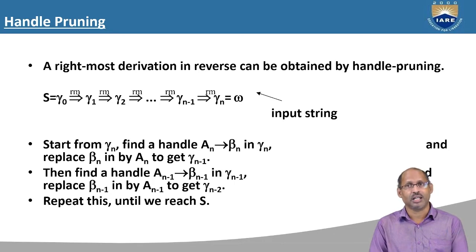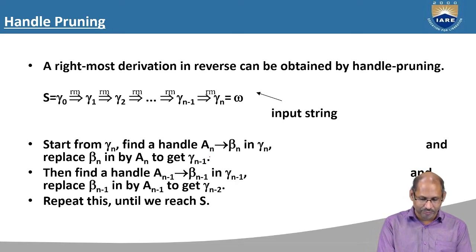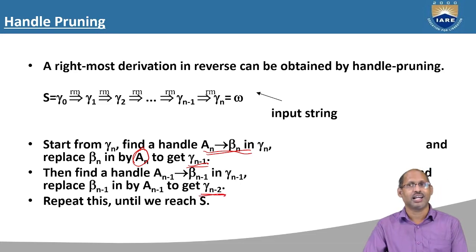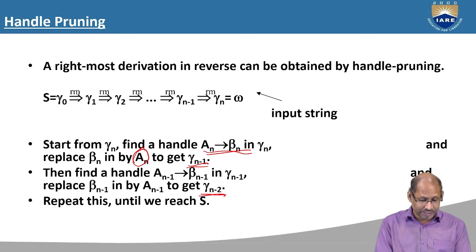Start from gamma n, find the handle. Find the handle A n gives beta n in gamma n. Replace beta n with A n to get gamma n minus 1. And then replace to get gamma n minus 2. And finally, it will reach S.